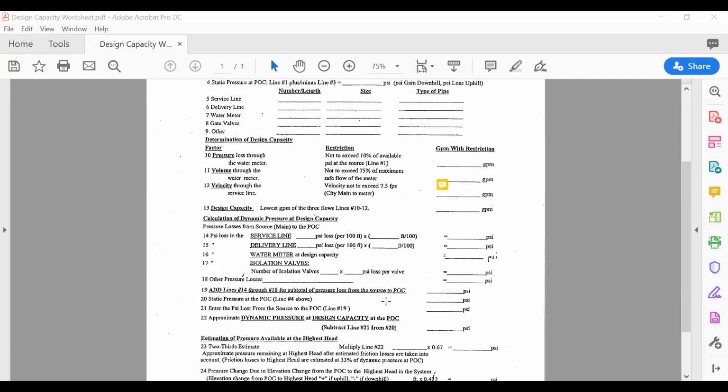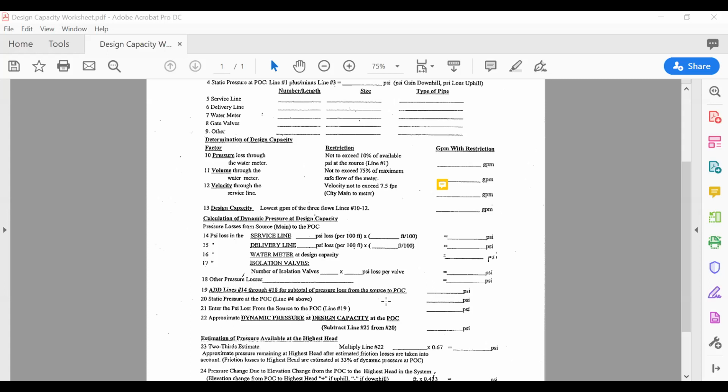So our static pressure at our POC is 54.38 PSI. So line 21 is actually just moving line 19 down to that line. So line 21 should be, again, 35.56 PSI.